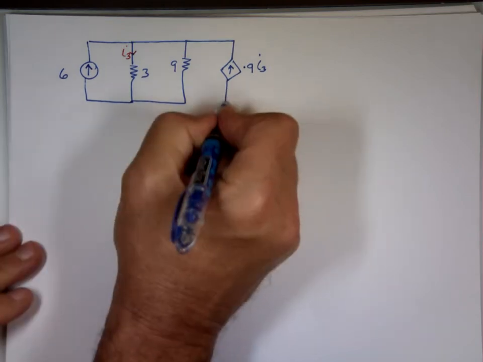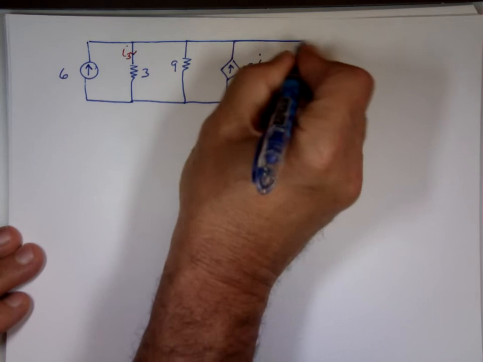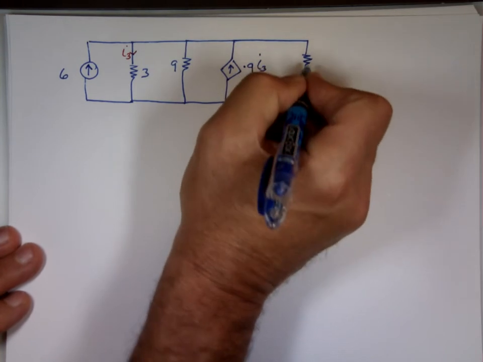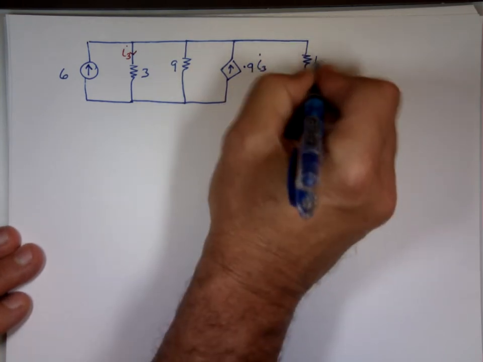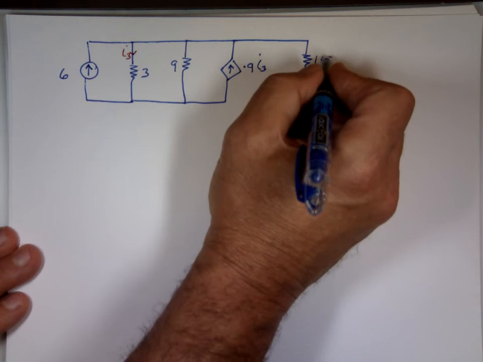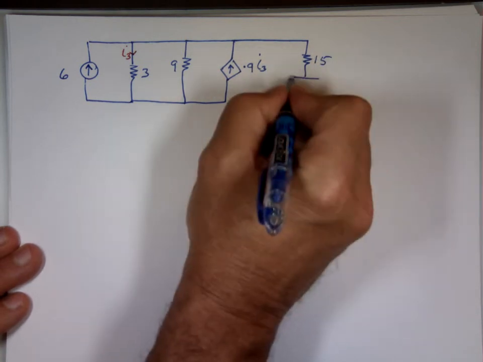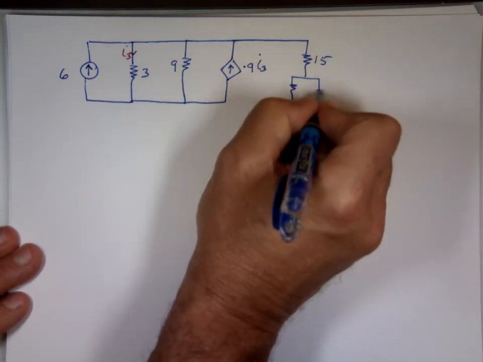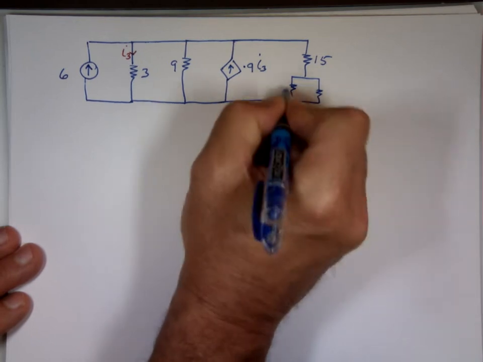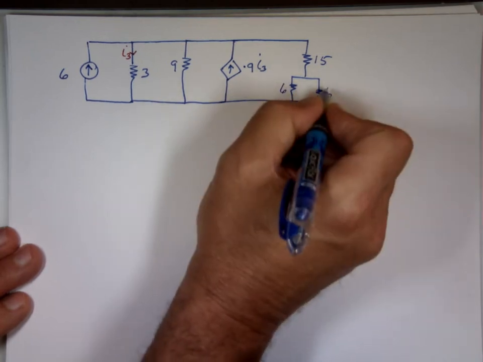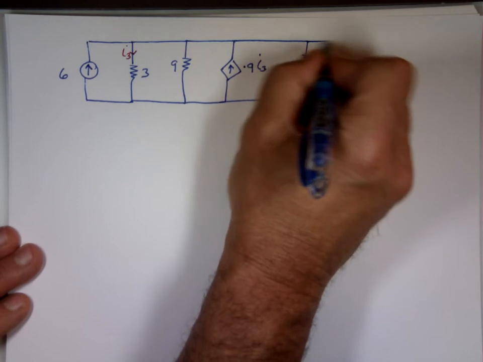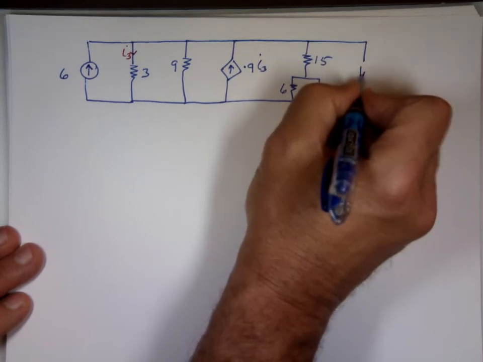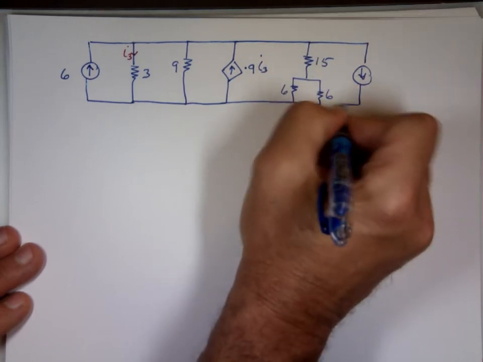Then on this end, I got 15. 6 and 6. Four.